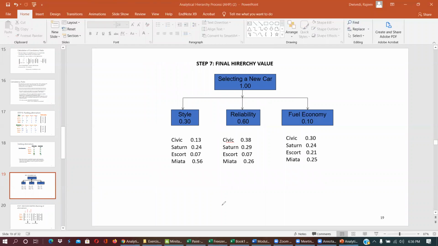Now, how do we do it? I'm just going to do it for Civic. The Civic value is style 0.3 multiplied by 0.13, plus reliability 0.6 multiplied by 0.38, plus fuel economy 0.10 multiplied by 0.30.